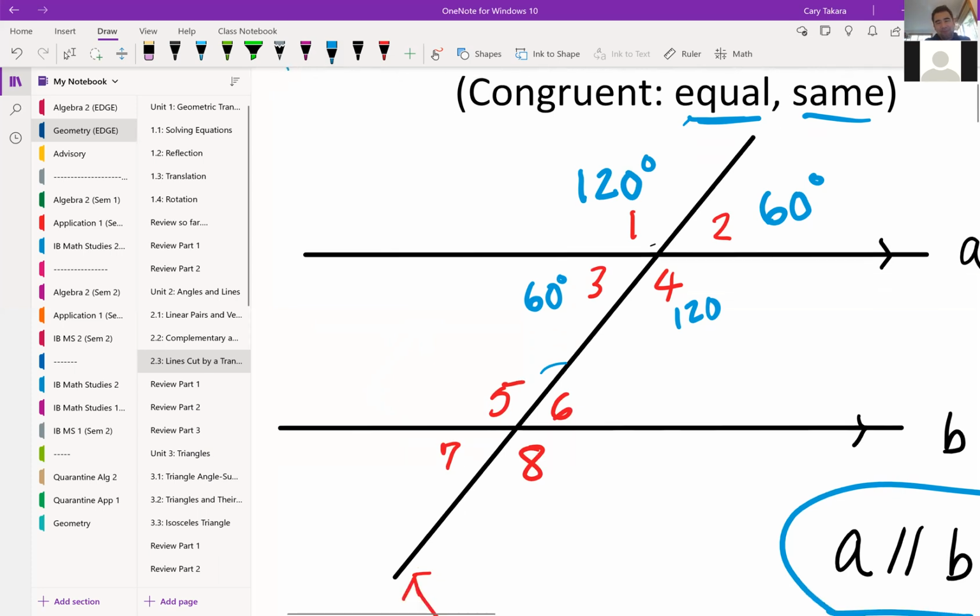And then now, how about 5, 6, 7, and 8? Since the lines are parallel, that means if you just kind of squish that, the two parallel lines getting closer and closer, wouldn't they be the same angle measurements? Would you agree with that?